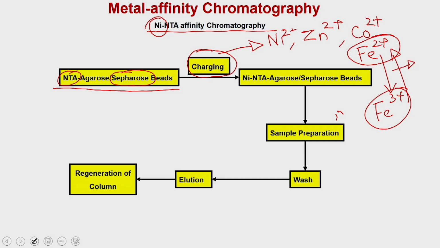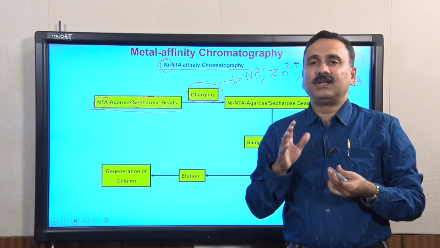and it generates a very large quantity of hydrogen peroxide, or sometimes a very large quantity of free radicals, and these free radicals are generated within the column while you are doing the purification.